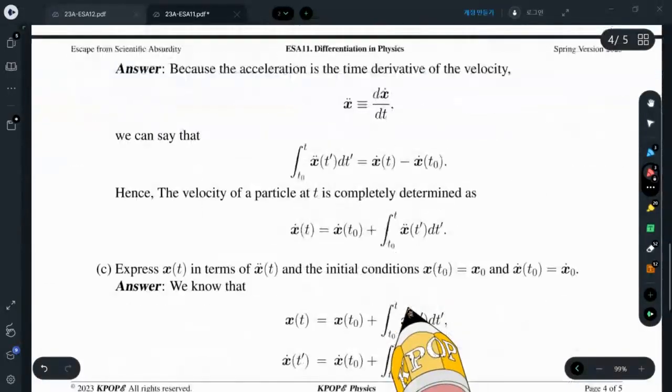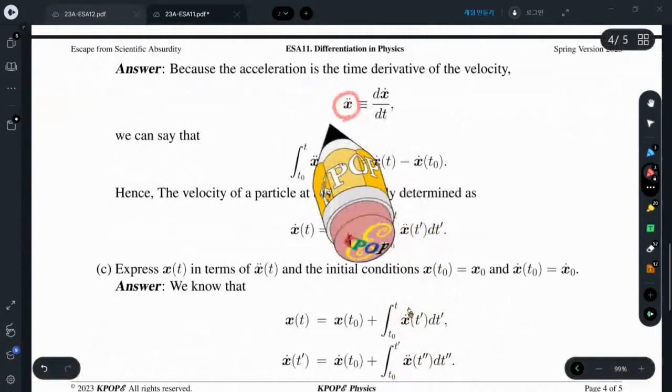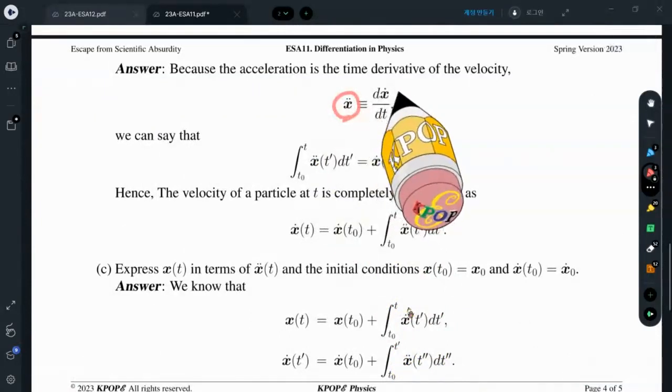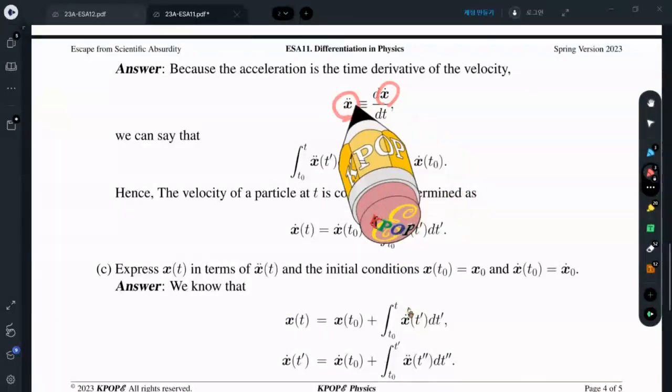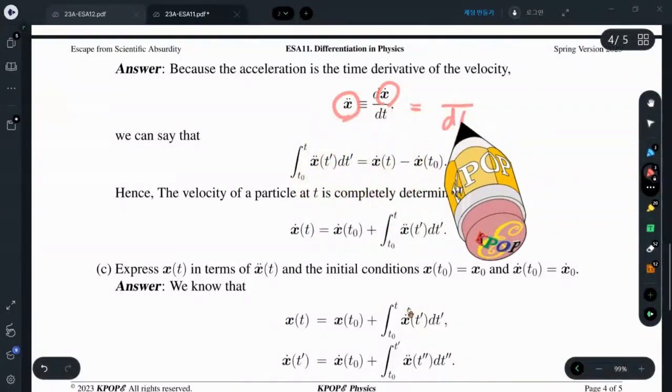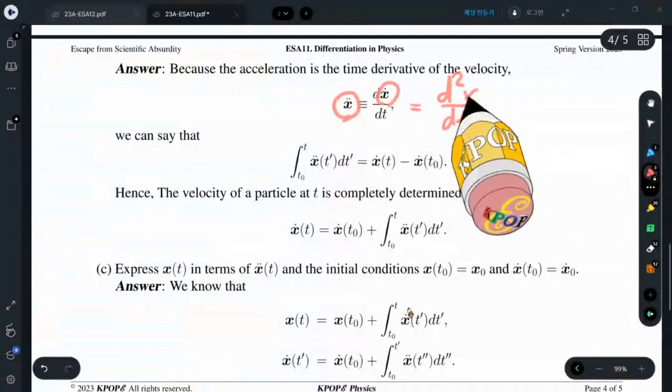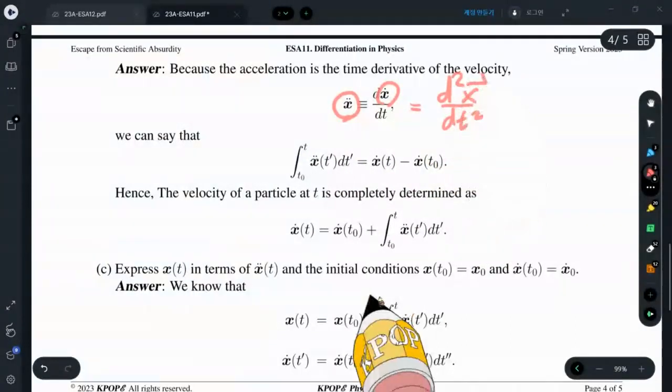Double derivative. Acceleration is the time derivative of velocity. Therefore, it is double time derivative of position. Okay?